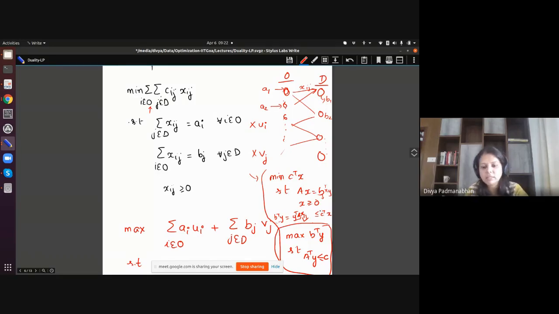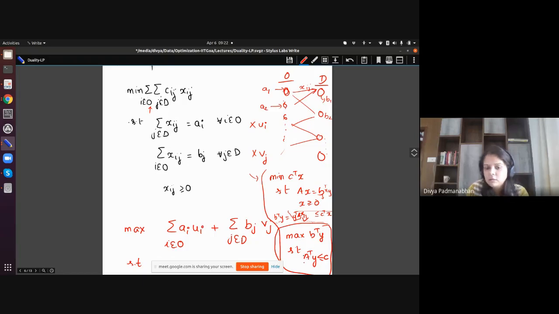And you keep doing this for every component of x. So it's enough to make A transpose y less than or equal to c. If you make A transpose y less than or equal to c, then you will get this side, because you know that the x's are all greater than or equal to 0. That's why these constraints come in.